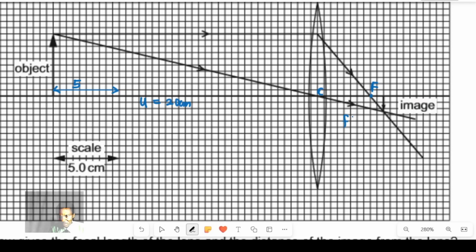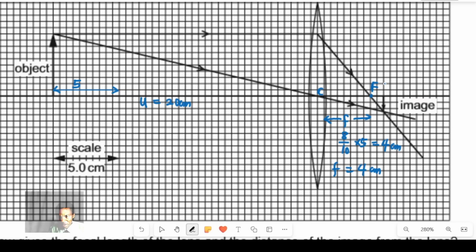So what is the focal length? How many grids? That will give you 8. 8 over 10 times 5, so that will give us 4 cm. So F equals 4 cm.